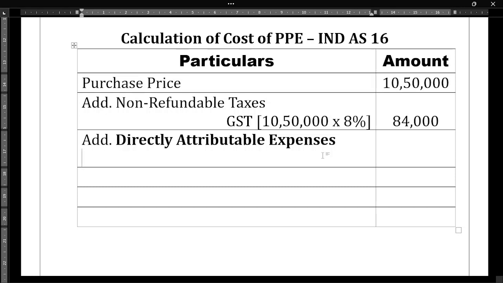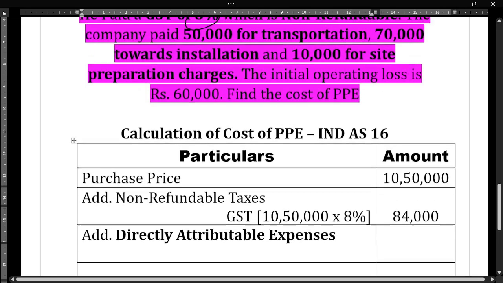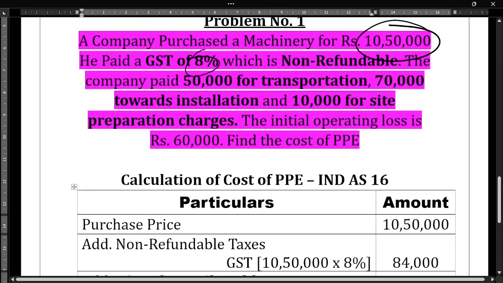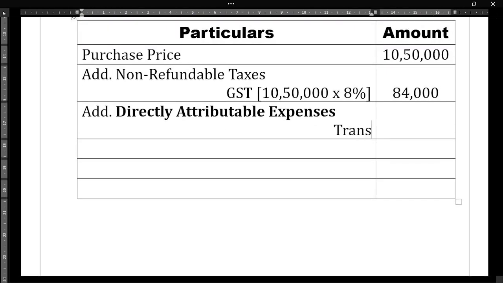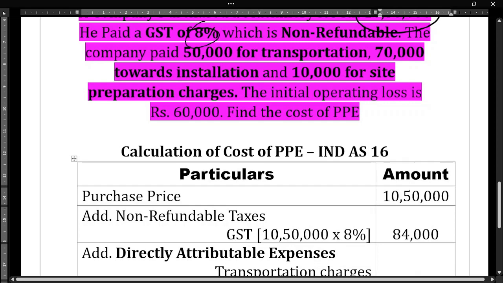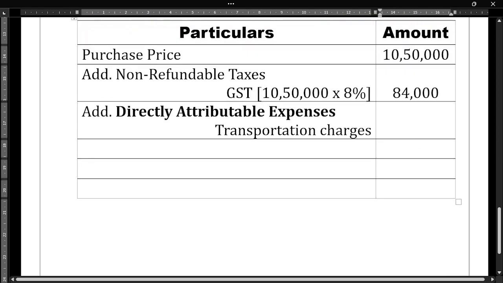All the expenses that come until the machine starts working, we consider as directly attributable expenses. So here, the first directly attributable expense is transportation. Transportation charges are 50,000.